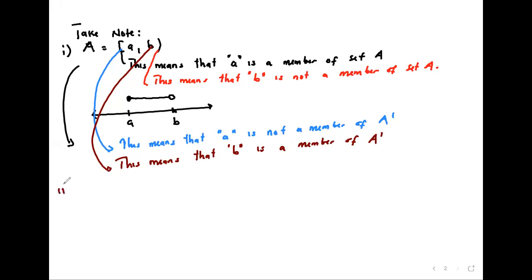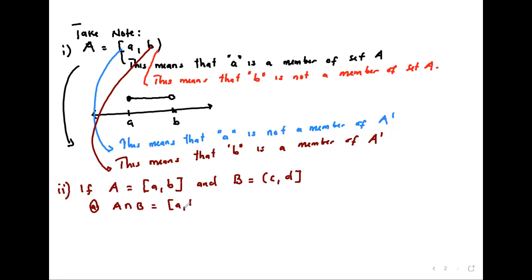And then the second note, if A is equal to [A, B) and B is equal to [C, D), A intersection B is going to be... So what criteria are we using?